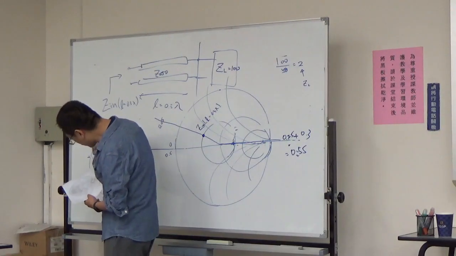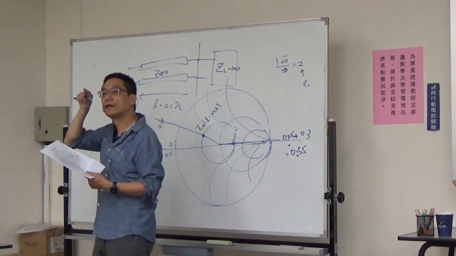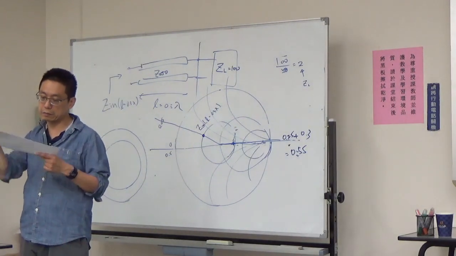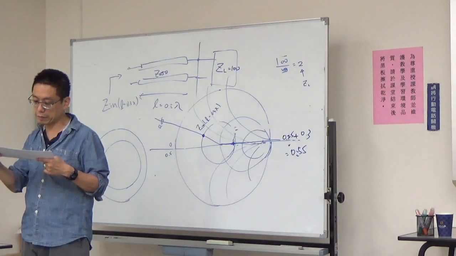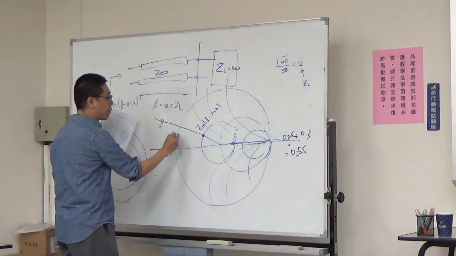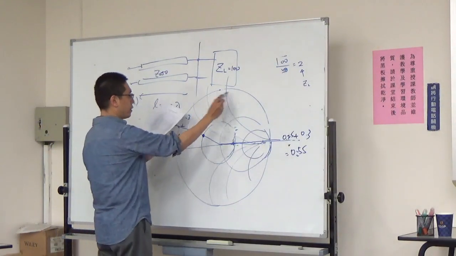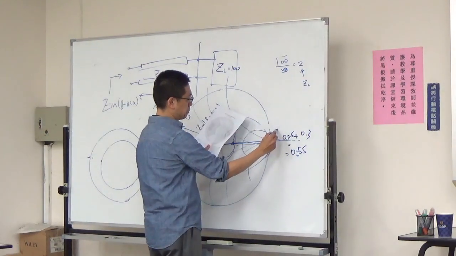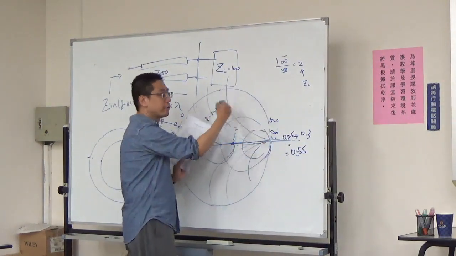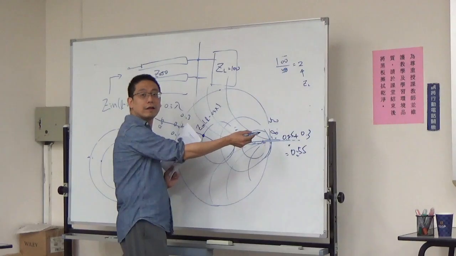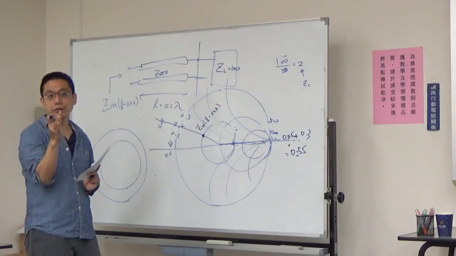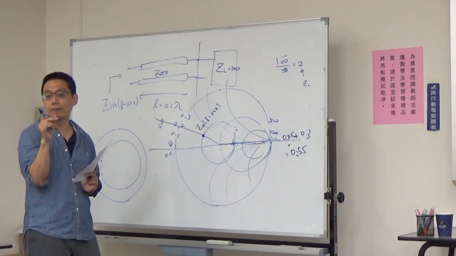But the inner circle, you can see some numbers, like 0, 0.1, 0.2, 0.3 until 50 and a lot of numbers, right? Did you see that for the inner one, right? Okay, that is the imaginary part of Z in.